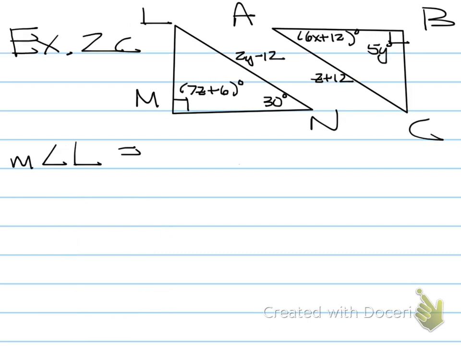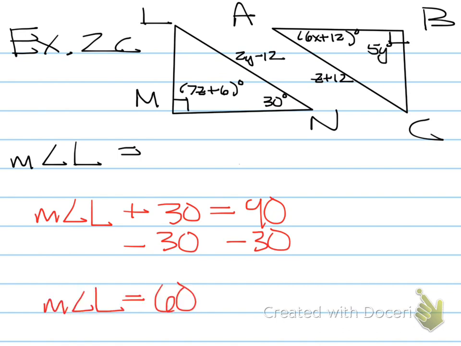And then angle L. Angle L is one of the angles in that right triangle. The other acute angle is 30 degrees. So we know that the acute angles in a right triangle are complementary. So angle L plus angle N will equal 90. So angle L plus 30 equals 90. Subtract 30 from both sides, and we get angle L equals 60.